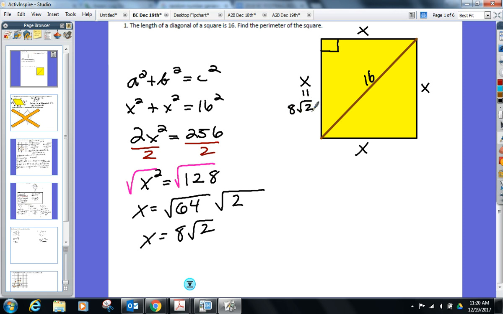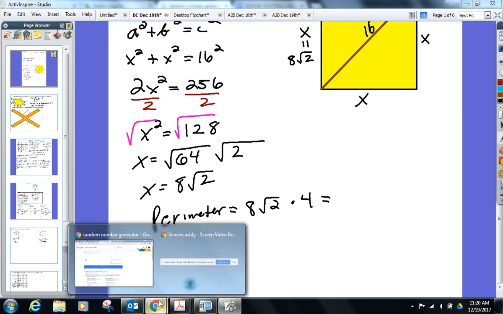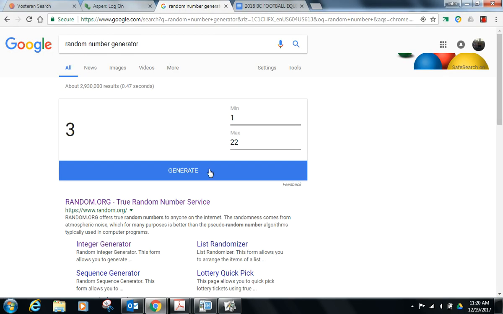Tell me how to find the perimeter. Multiply it by 4. Yep. So my perimeter is going to be 8 radical 2 times 4. Number 3, what do you got?